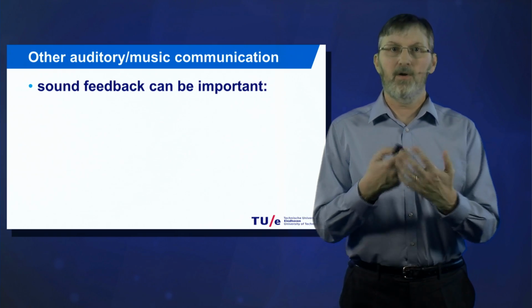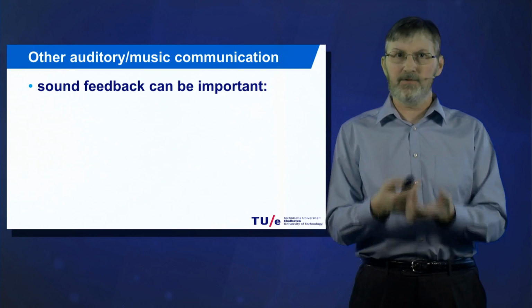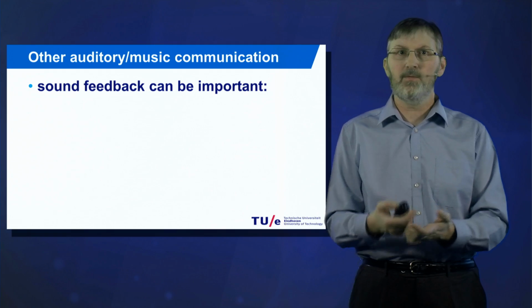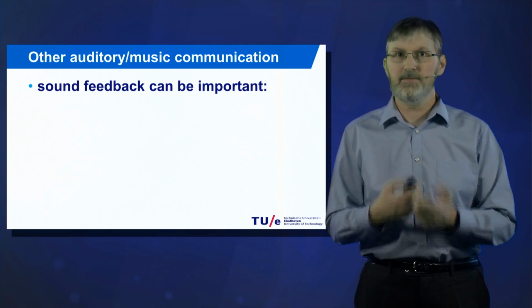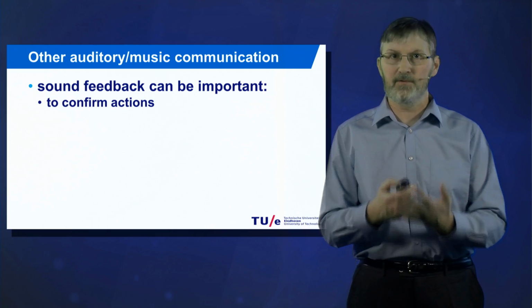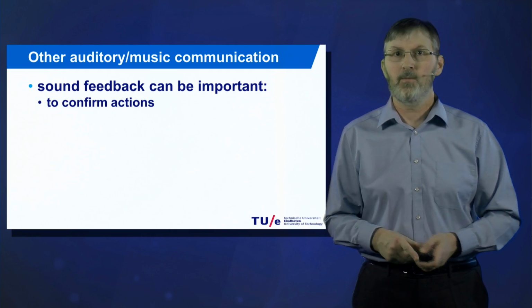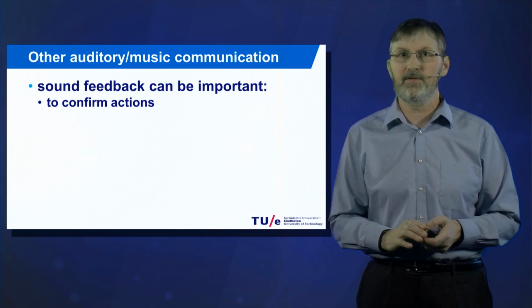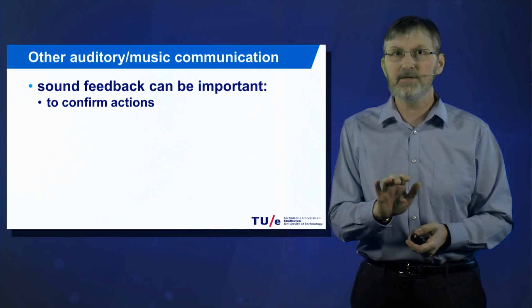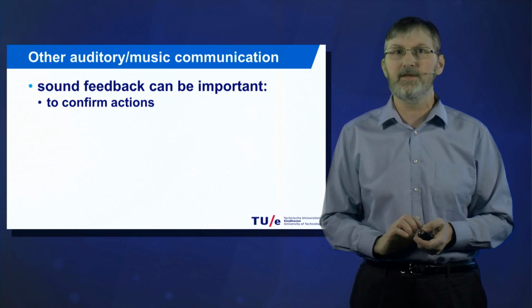Other audio use, other than just spoken sound, can be with sounds, music, for instance, to give us feedback, to confirm actions. When we are pressing keys on a virtual keyboard on our phone, we want to hear something that tells us we pressed the keys.